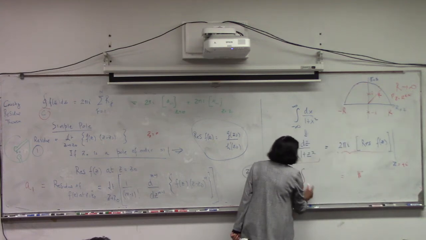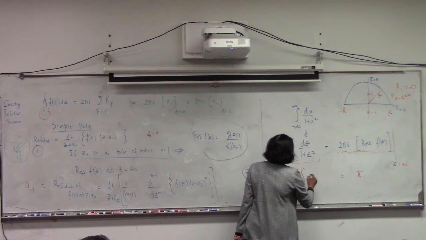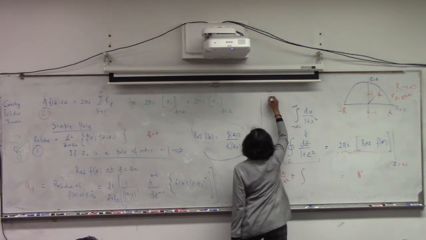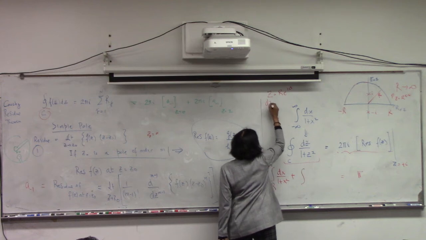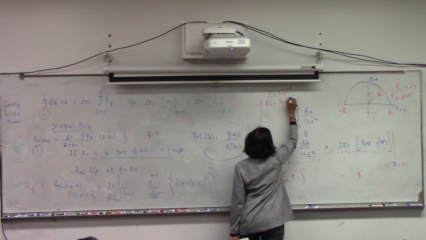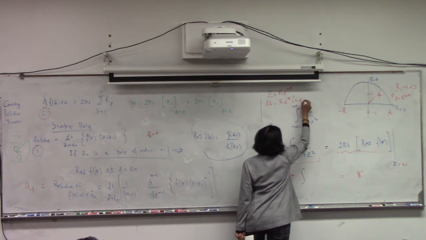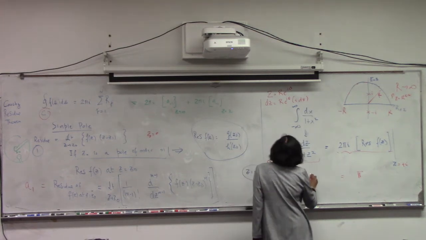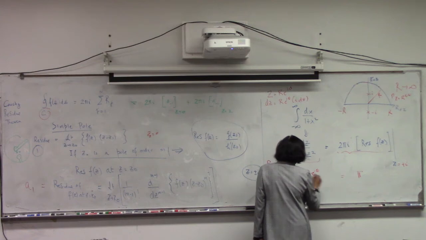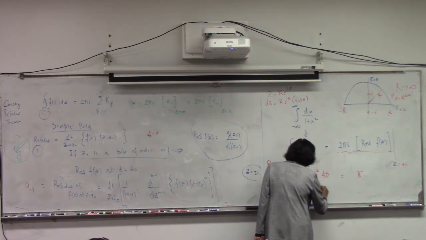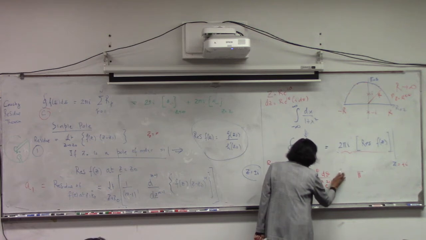If z is r exponential i theta, then dz is r exponential i theta, i d theta, right? So I can write r exponential i theta, i d theta for the numerator, and the denominator is 1 plus r squared exponential of 2i theta.